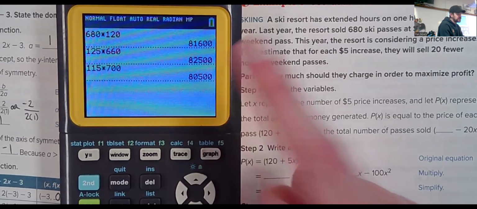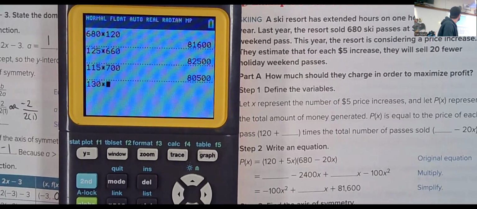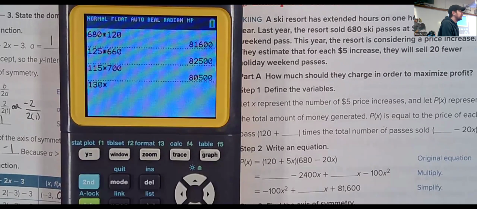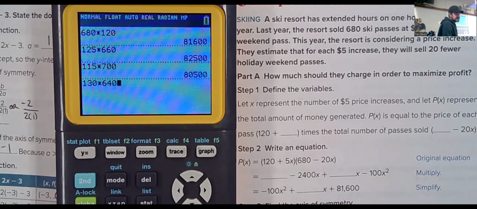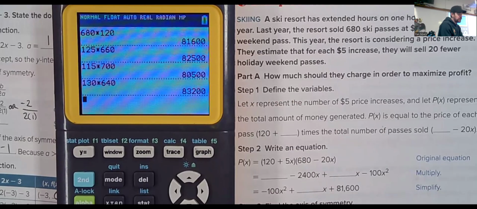What if it went to $130? How many people would you expect to buy if it went to 130? Be 20 fewer than that. 640, okay. So every $5 increase decreases the amount of people by 20, but look at that, it's still going up, $83,200. What about 135?